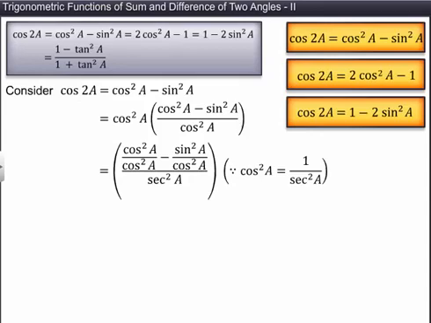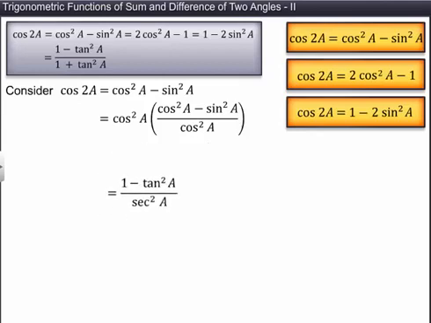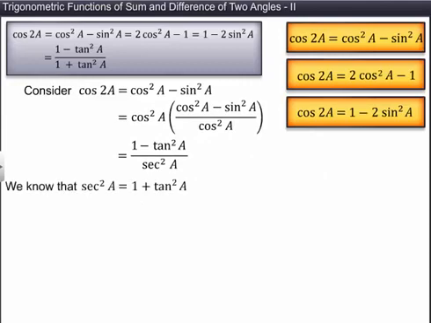Now, this can be written as 1 minus tan square A divided by secant square A. Recollect that secant square A is equal to 1 plus tan square A. This implies cos 2A is equal to 1 minus tan square A by 1 plus tan square A.